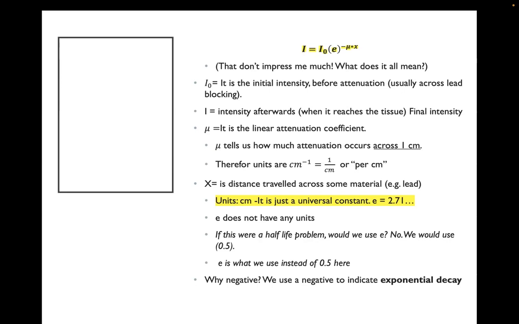I is the intensity after, when it reaches the tissue. What is the final intensity? And mu is the linear attenuation coefficient. It tells us how much attenuation has occurred over 1 centimeter. If they gave it to you in millimeters, we need to convert that to centimeters because that's the unit that we need.